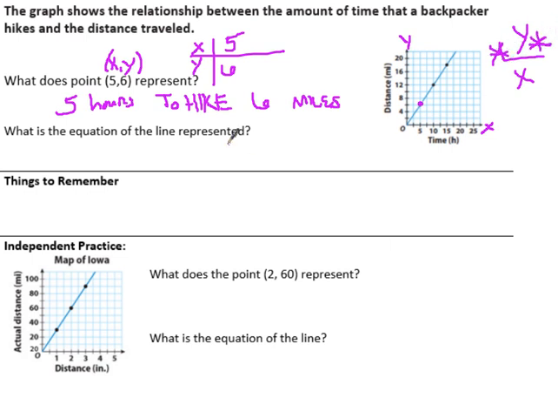So y divided by x is 6 divided by 5. I'm going to leave it as that fraction. So that's 6 divided by 5 times x. I could actually do the division, and 6 divided by 5 would give me 1.2. That means they're hiking 1.2 miles every hour.